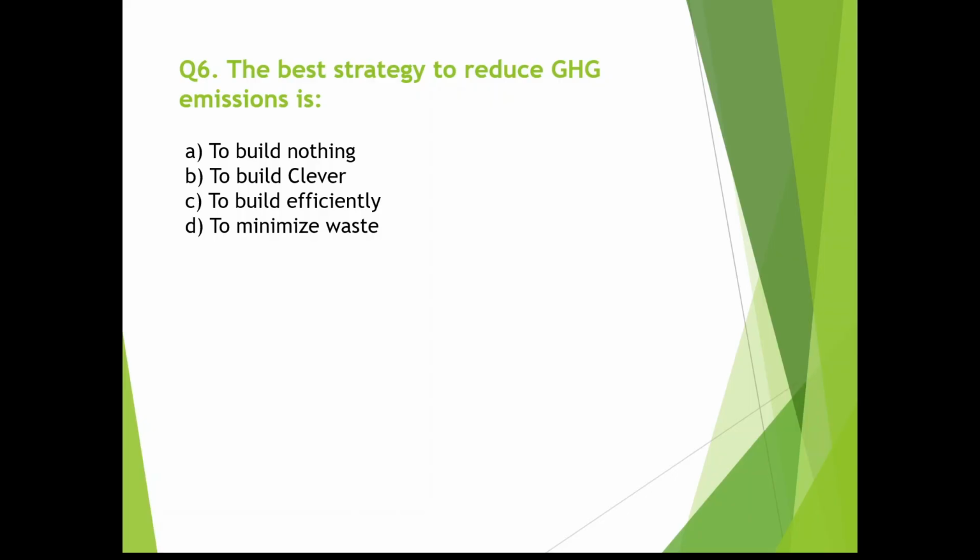So we have discussed various strategies to reduce greenhouse gas emissions. Which was the best strategy, as per you, that you have studied? Try to answer this sixth question, and then we will discuss how far you have understood.